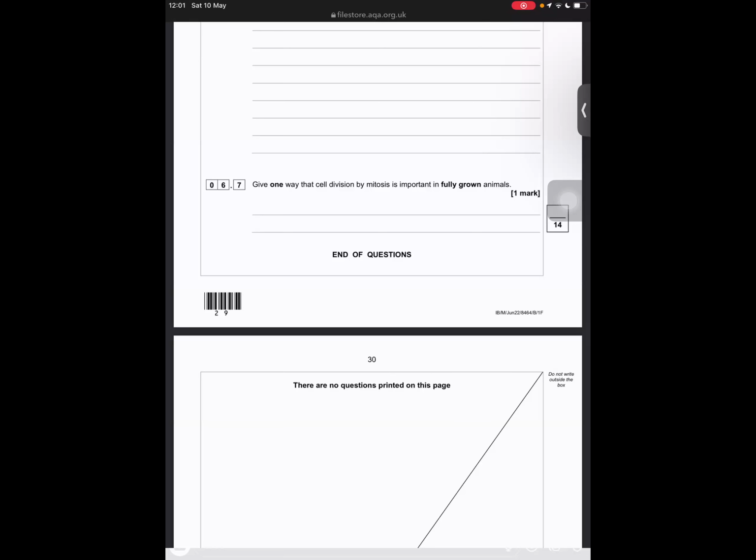Because if we say fully grown, that suggests that something like height has completed, so they don't need to grow again. But repair of damage, yeah, repair of body tissues.